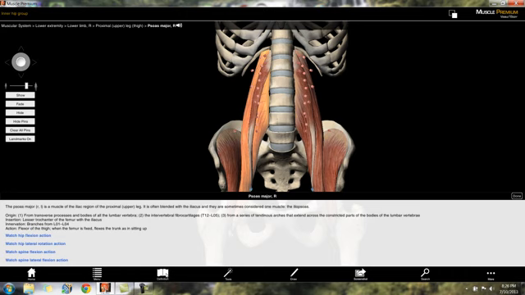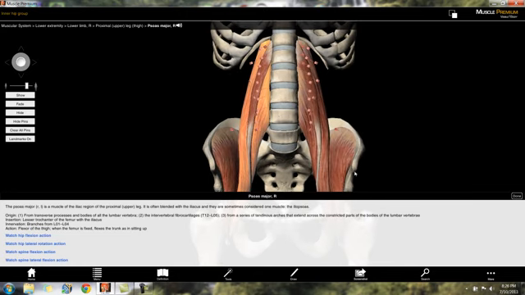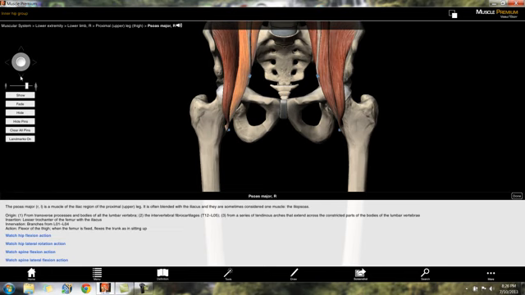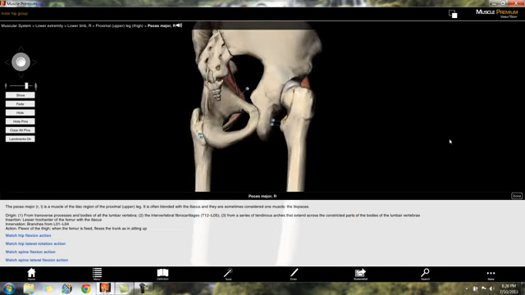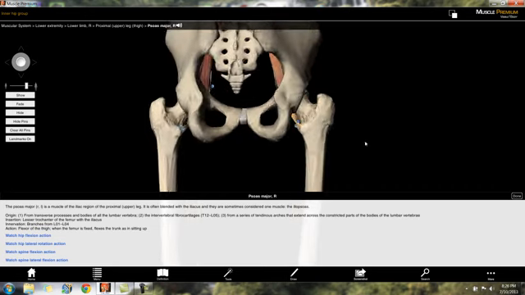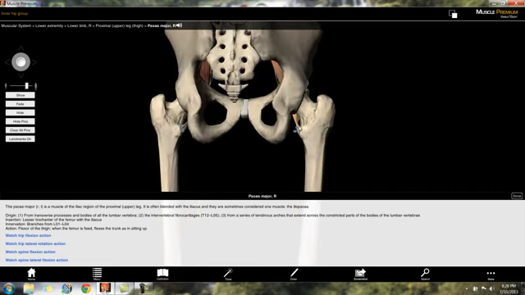Its insertion is down on the lesser trochanter of the femur. So we can see where it attaches here on the lesser trochanter.